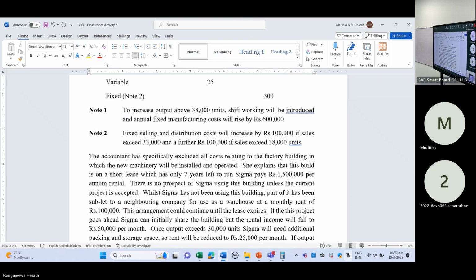Right? Currently it is 100,000 per month, and that is the annual rate.